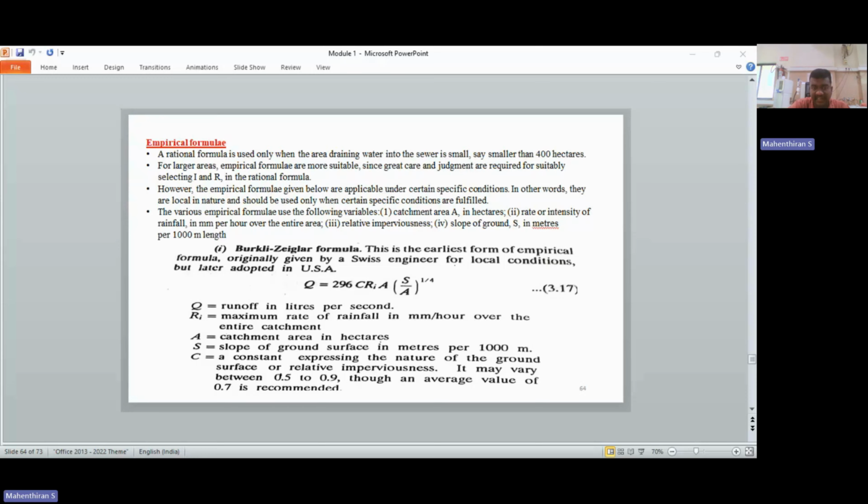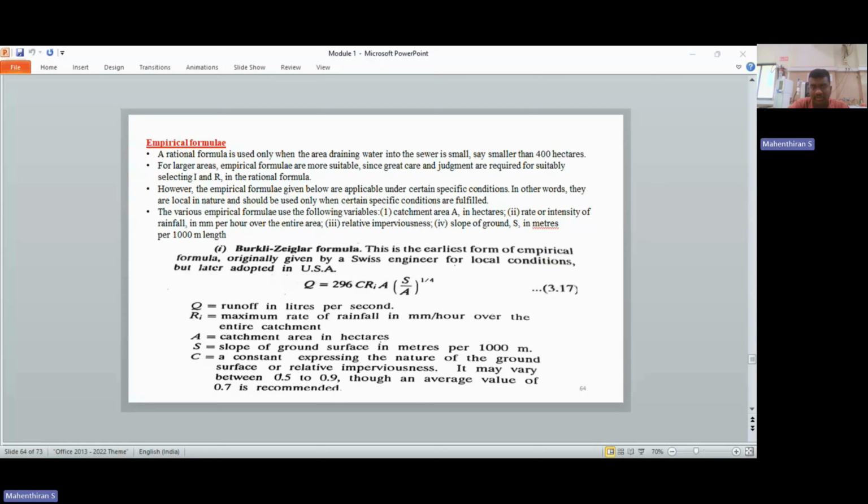When A increases, it tells you the catchment is larger. When S increases, it gives you steeper slopes. Q decreases when A is very large because A appears in the denominator inside the fourth root.